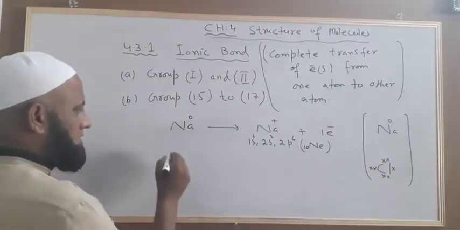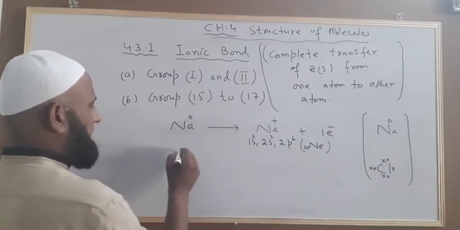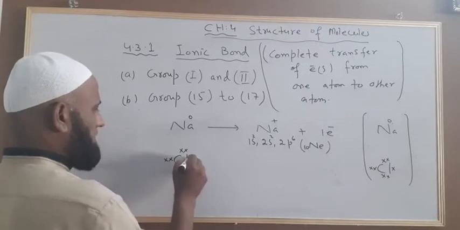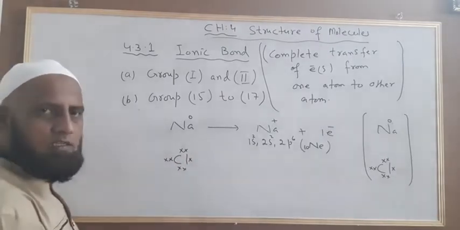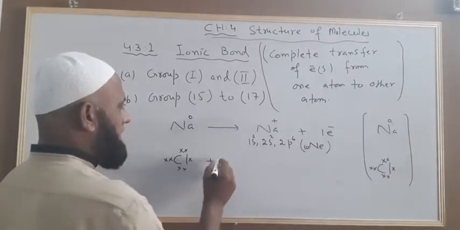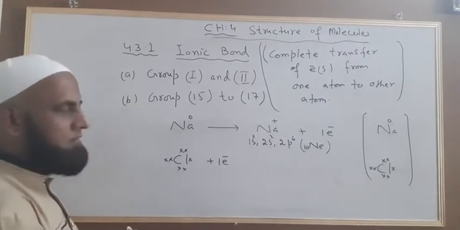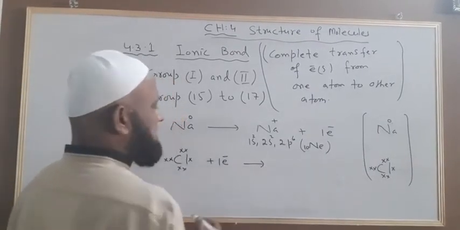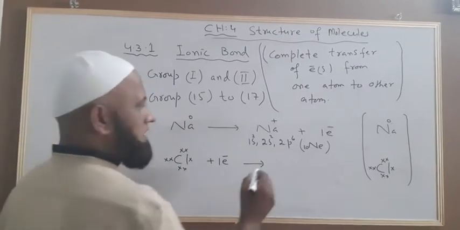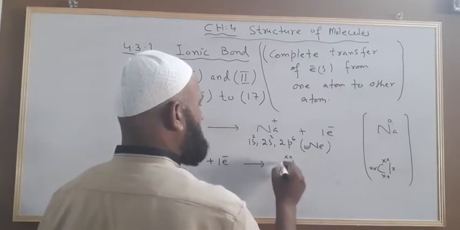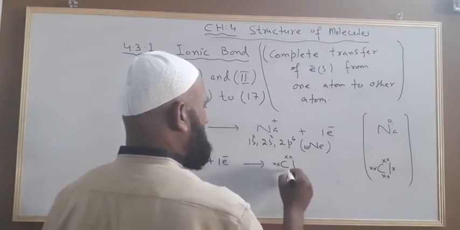While chlorine, since it had 7 electrons in its valence shell, will take the 1 electron that was lost by the sodium, and it will attain the electronic configuration of the nearest noble gas, that is argon.